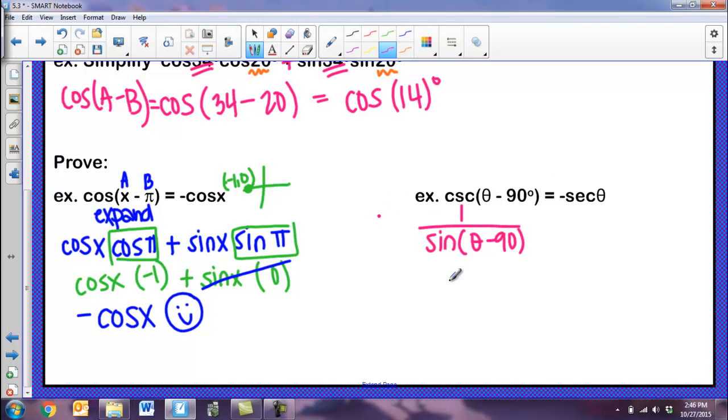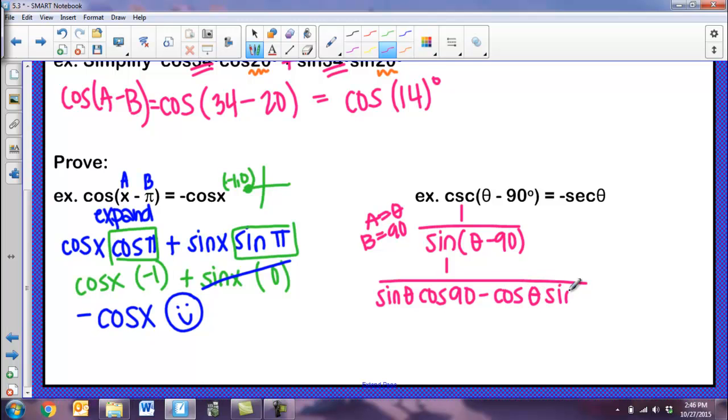So I now have the sine, and remember, 1 over this whole thing. I have the sine of something subtracted, so sine of A minus B, and A is going to be theta, and B is going to be 90. So using my formula, I'm going to have sine of theta times the cosine of 90, minus cosine of theta times the sine of 90.